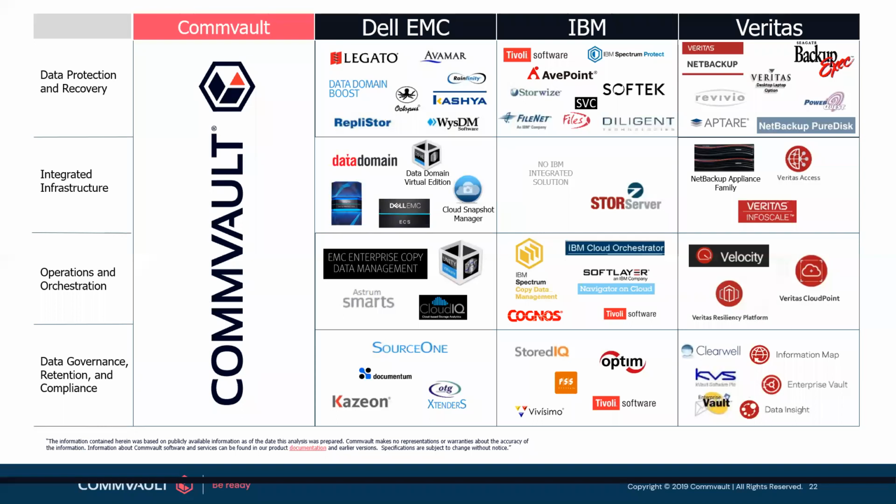Dell EMC is actually not Dell fronting the backup parts. It is actually EMC. And when they joined together, they joined the solutions together. So with EMC, you will see a lot of Data Domain. You will see Legato, you will see a lot of Avamar, and so on. However, you see a pattern emerging with all our competitors.